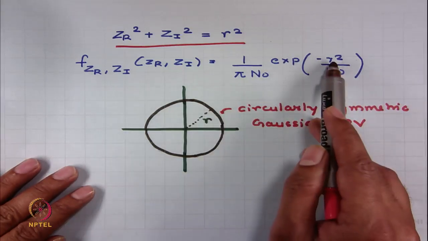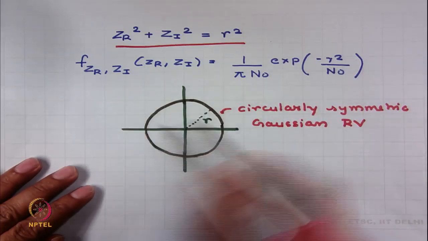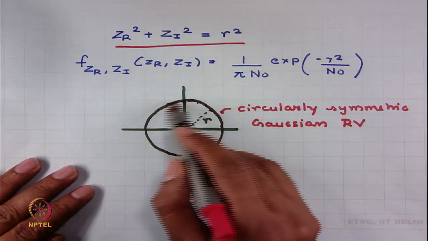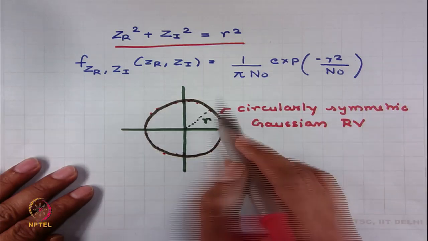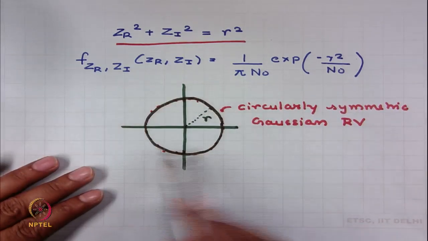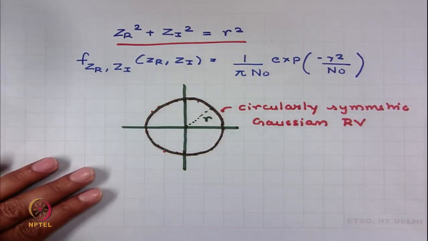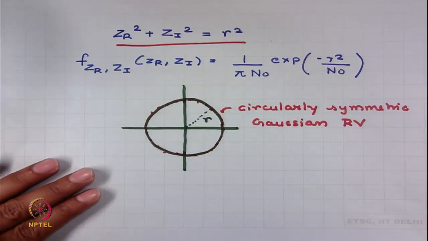That means for the same r the joint PDF is the same. All the points on a circle have the same PDF, and hence you have circular symmetry, and that is why it is known as a circularly symmetric Gaussian random variable.